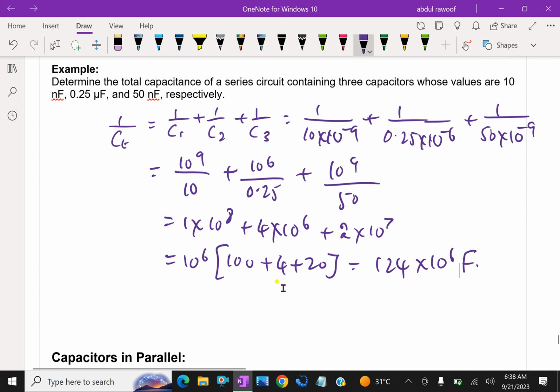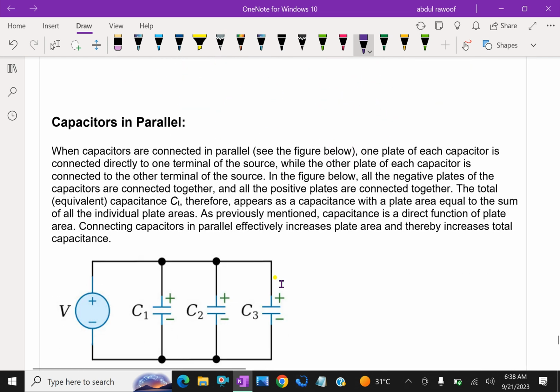Next question, capacitance in parallel. When capacitors are connected in parallel, look at here the parallel circuit connection. One plate of each capacitor is connected directly to one terminal of the source, while the other plate of each capacitor is connected to the other terminal of the source.